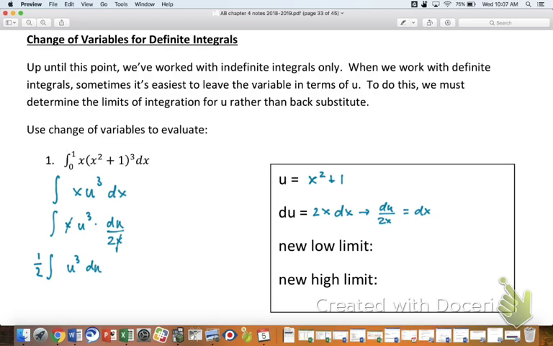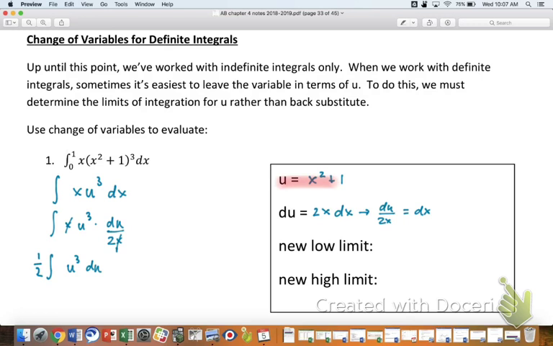So I'm about ready to finish this, but before I do, I need to handle the limits. So I've been leaving the limits off here for the last couple of steps. Now I'm going to put them back in. So my old low limit was 0. How do you think I could find my new low limit? That's right. What's the only thing that relates u with x? It's this, u equals x squared plus 1.